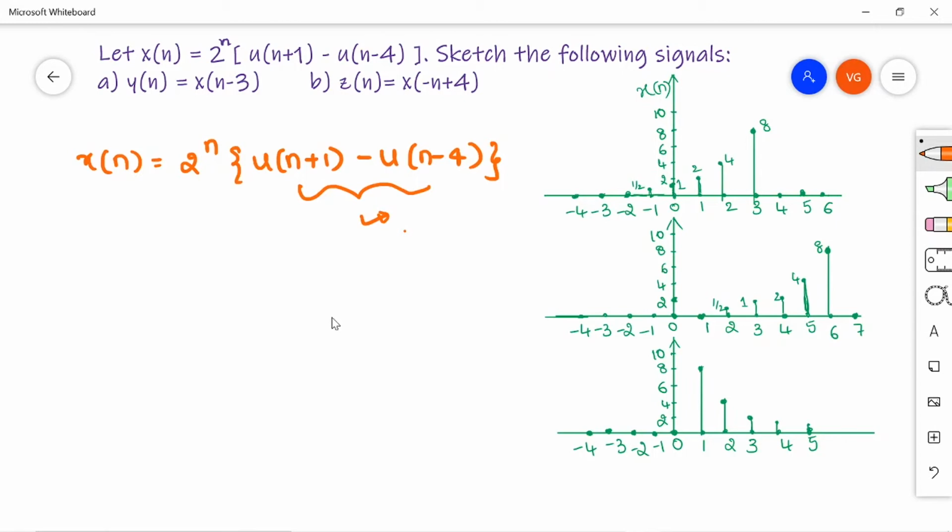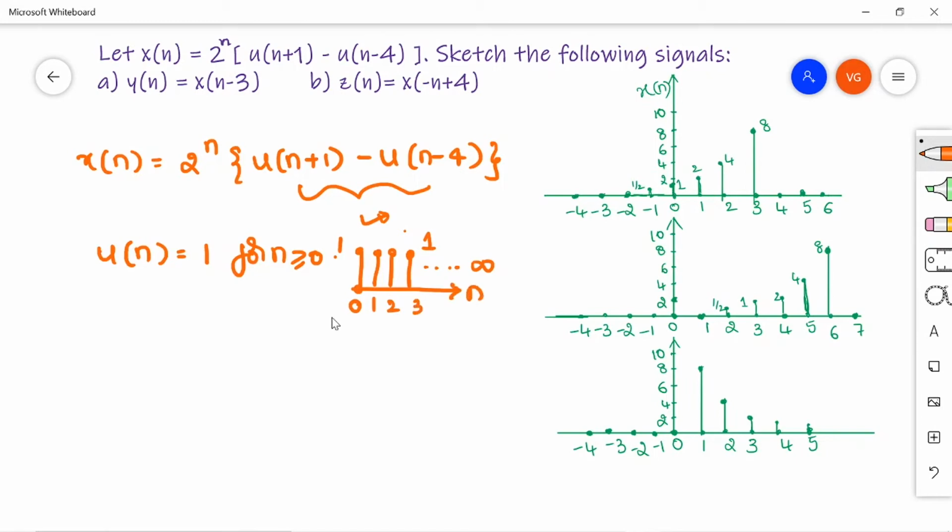So here, u of n plus 1. What is u of n? U of n is equal to 1 for n greater than or equal to 0. Means the signal is like this, 1, right? So till infinity it is an amplitude of 1 only, starting from n is equal to 0, 1, 2, 3, right? So this is your u of n.